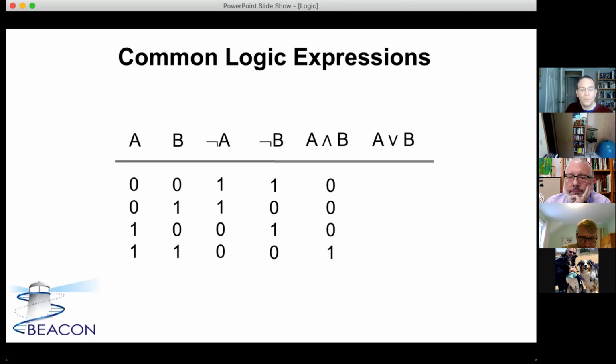So here, we'd look for anywhere where at least one of the two of them is going to be true. So the only place it's going to be false is if both of these two things are false. And so that is going to be this top case here, where A and B are both false. That's going to result in a false OR statement. Everything else, at least half of that overall thing is true, so the combined statement is going to be true.